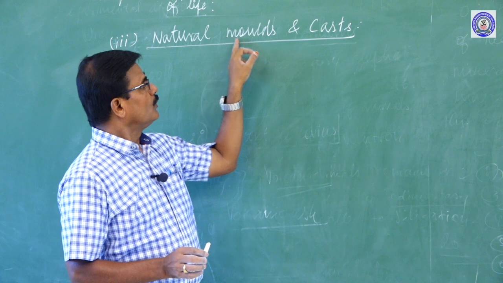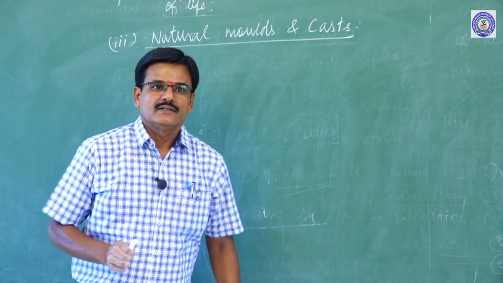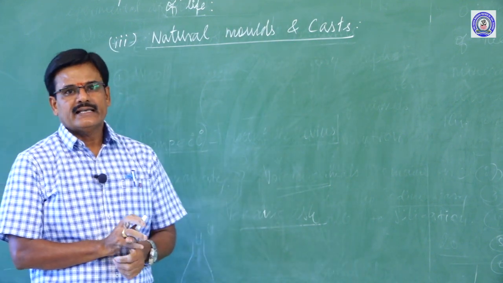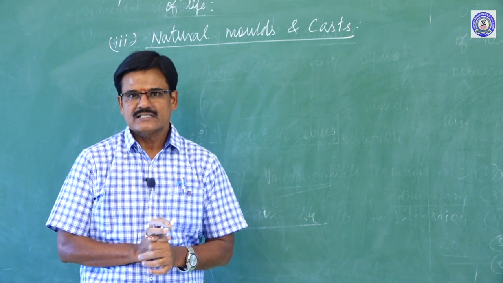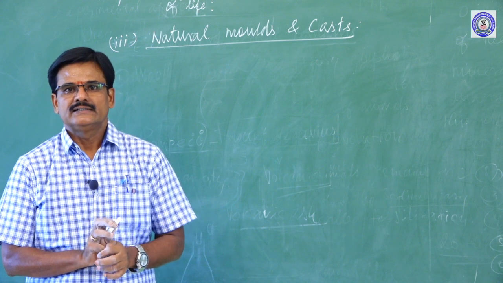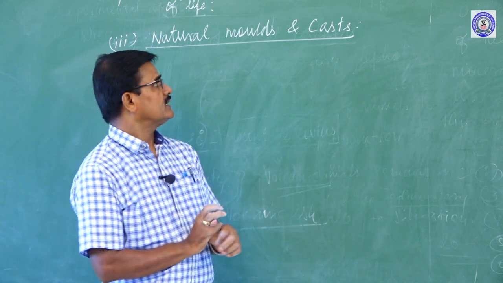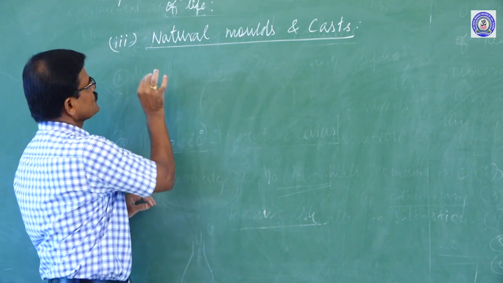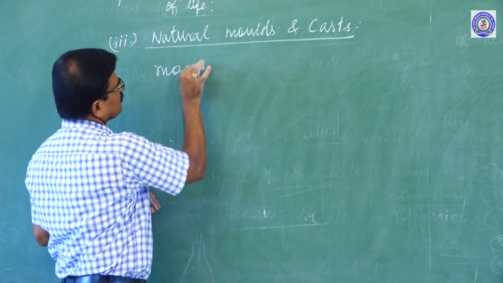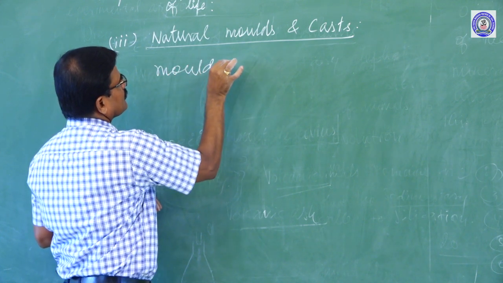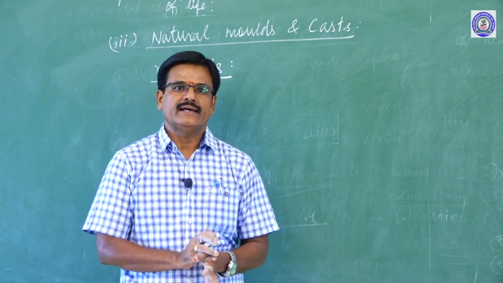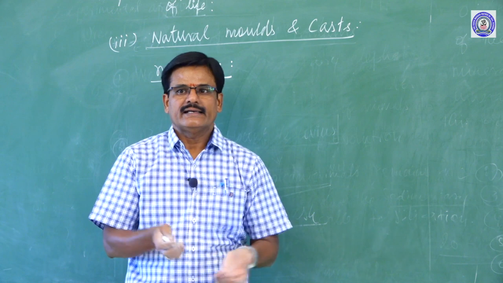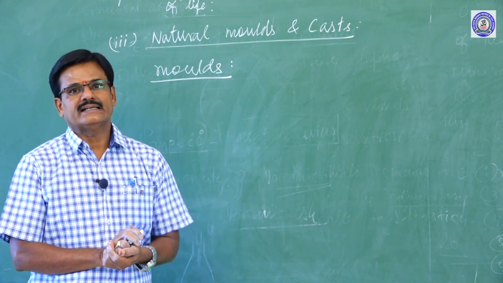Natural molds and casts. Even after disintegration, the animals might leave impressions on the soft mud. This type of fossilization is called molds. What is meant by disintegration? When the animal dies, its body is entirely disposed of or disintegrated.